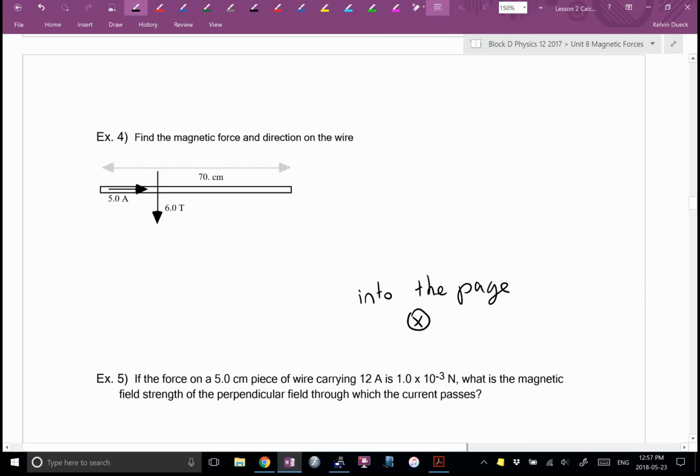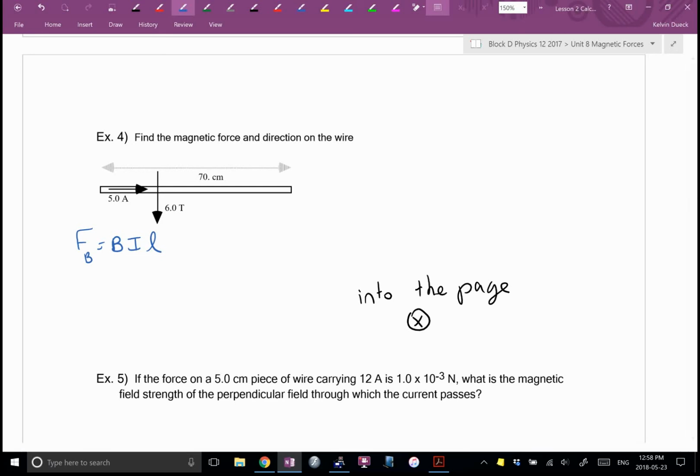Let's find the magnitude. They're wanting us to find force. Is it on a single charge? No. It's on a wire with current. Because I have two equations for magnetic force, that's really the only medium tricky part: I have to decide which one I'm going to use.